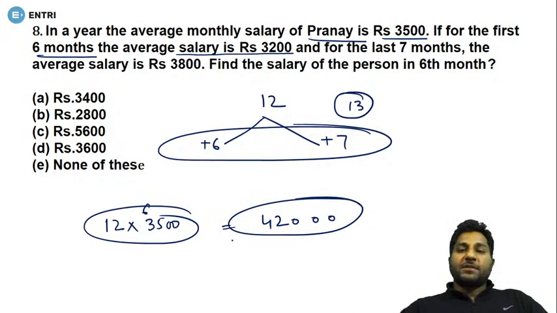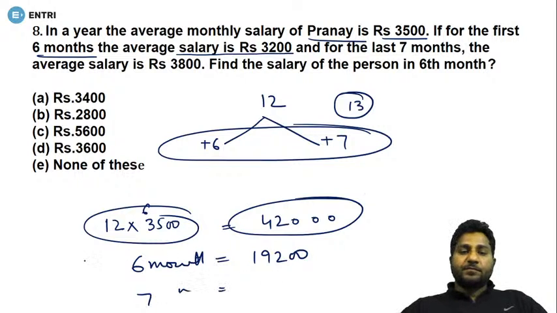But for the first 6 months, it will become 19,200, for 6 months. And for the last 7 months, it will become what? 3500 multiplied by 7, that means 24,500.